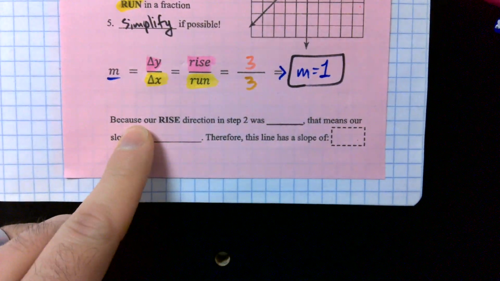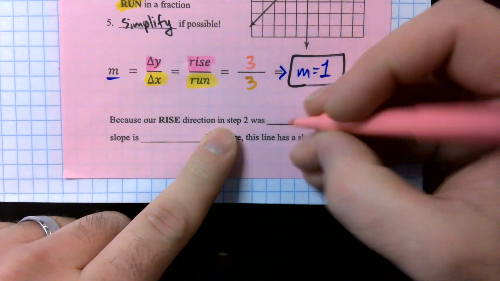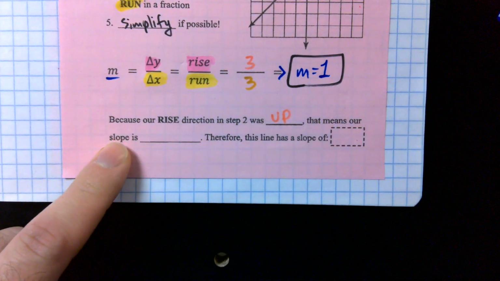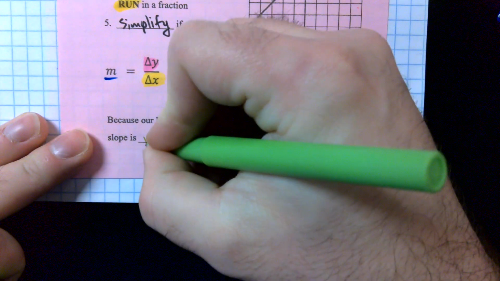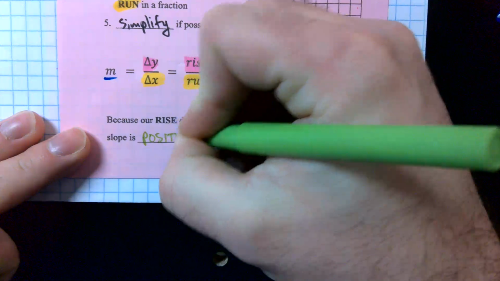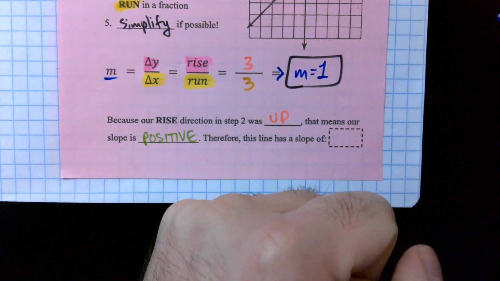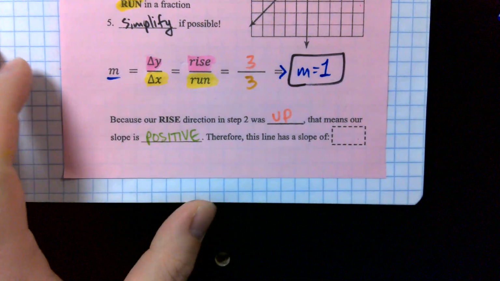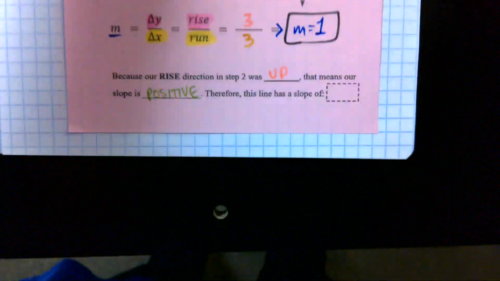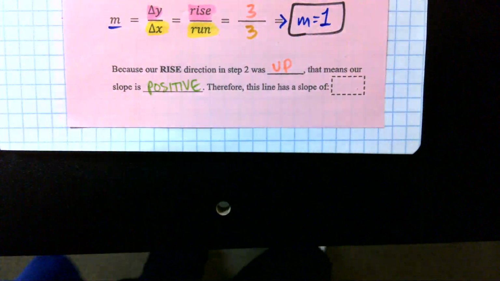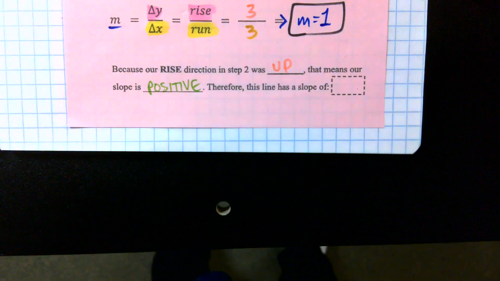So because our rise direction in step 2 was up, that means that our slope is going to be positive. Right? If you got your money up, is that a good thing or a bad thing? Good thing. Right? If you're playing basketball and your team is up, is that a good thing or a bad thing?